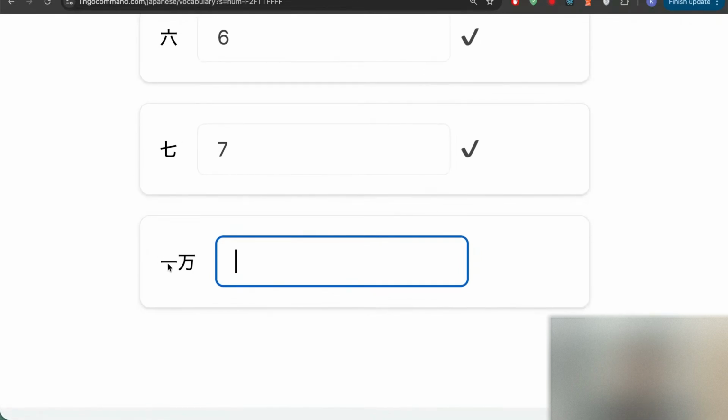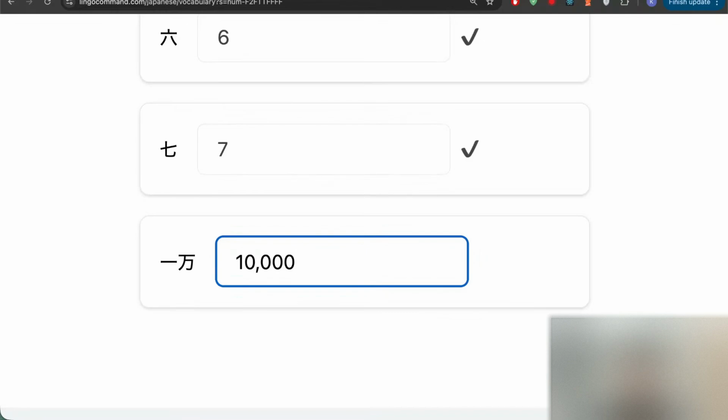Now this is a little bit confusing. So there's a dash here on the left. And so this actually is reading as ichiman. It means 10,000. But earlier, 10,000 was just man. The way this works is, for example, in English, you would say 100. But if you omit the 1 and say 100, that's still correct English. Now imagine in English, you had to specify 1.